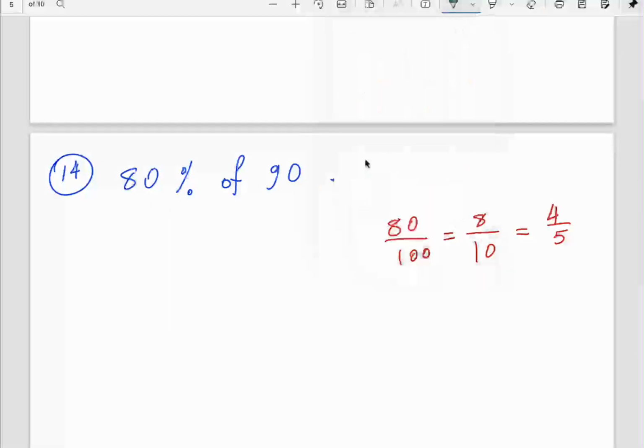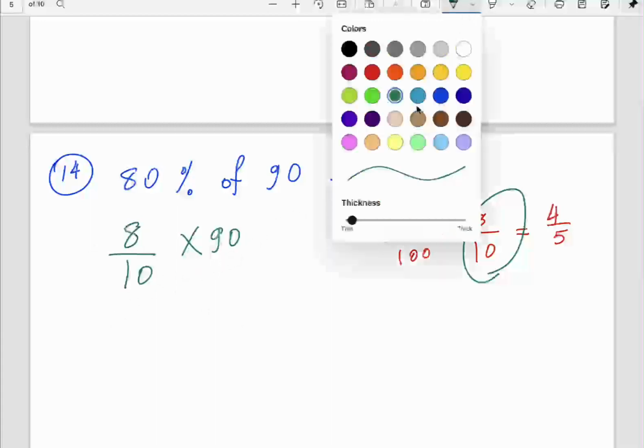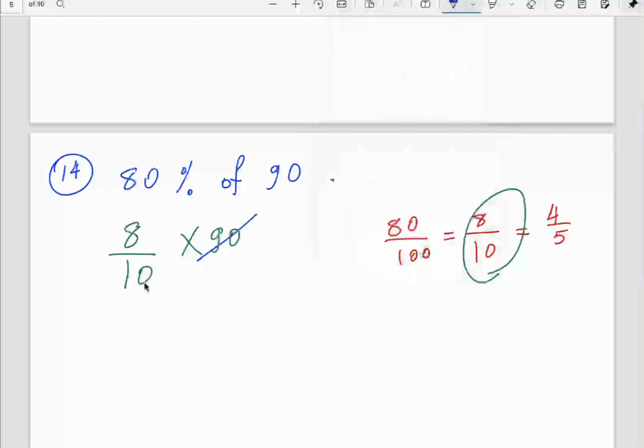But if we are multiplying by 90, it's better to use 8 over 10, because we will just divide 90 by 10. It will be easier, right? 90 divided by 10 equals 9. And 8 times 9? 72. Excellent, thank you, my hero. So the answer is 72.